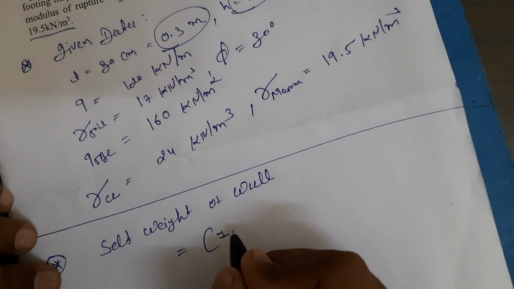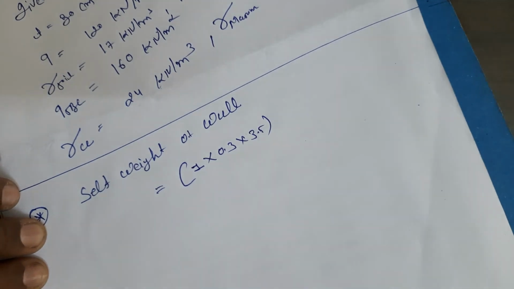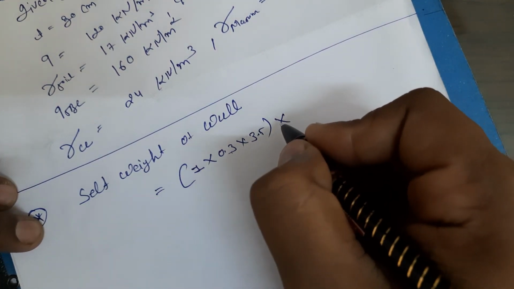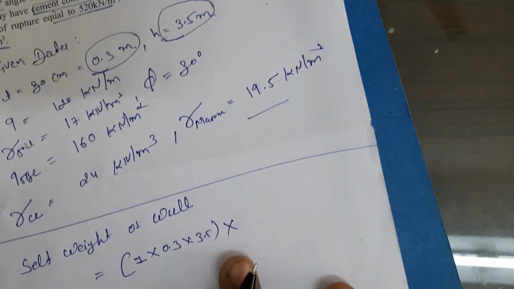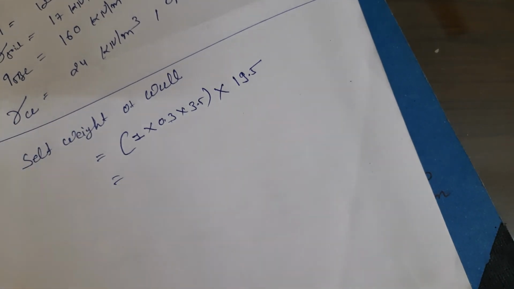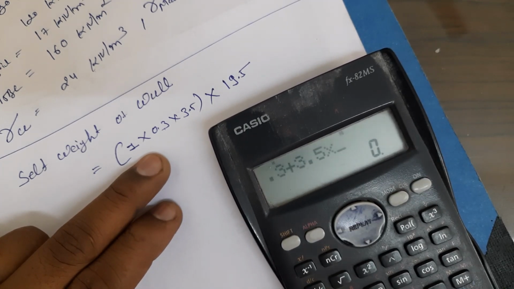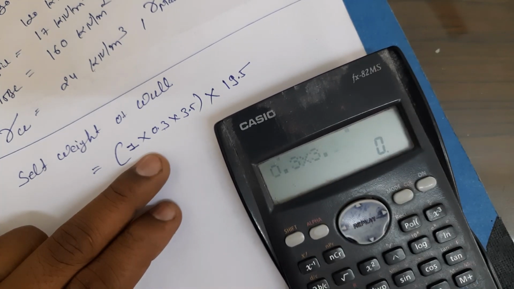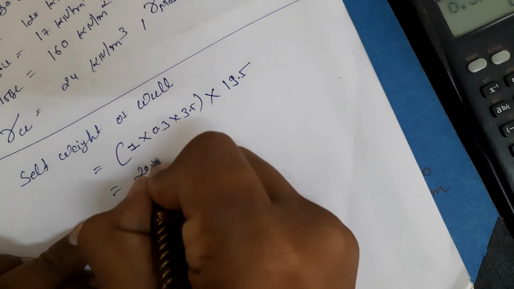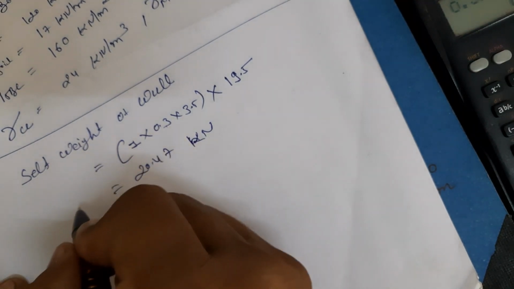So volume is L into B into H: length 1, width 0.3 meter and height 3.5 meter, and then multiply with the unit weight of masonry, 19.5 kilonewton per meter cube. So 0.3 multiplied by 3.5 into 19.5, you get 20.47 kilonewton. So this is the self weight of the wall.